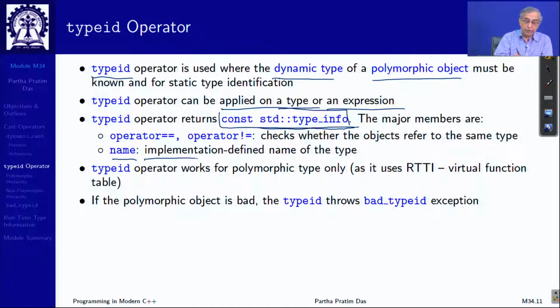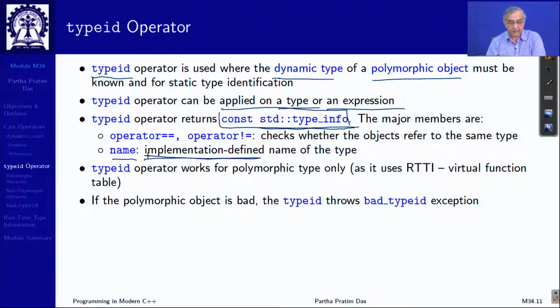Now, the point to note is that this is implementation defined. The standard has not specified how to name the types, because the types are defined by the user, and how the system will represent them is up to the compiler implementer. So, if you are using typeids, you have to look at the documentation to know how the types are named, so that you can correspond them to your source code.